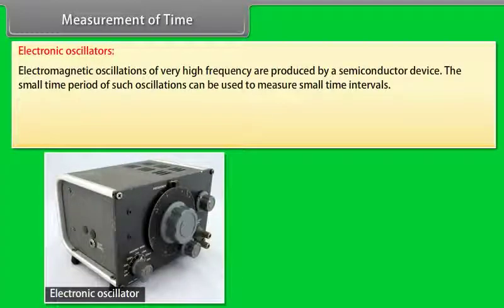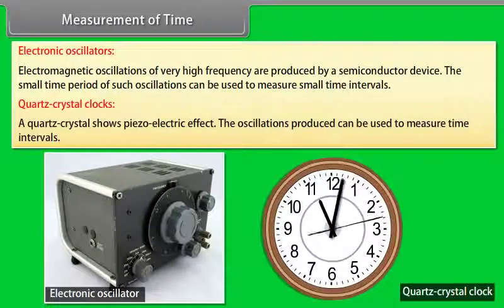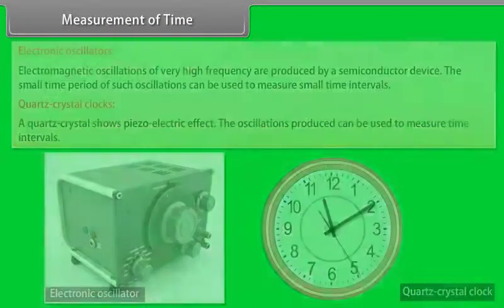Electronic oscillators: electromagnetic oscillations of very high frequency are produced by a semiconductor device. The small time period of such oscillations can be used to measure small time intervals. Quartz crystal clocks: a quartz crystal shows the piezoelectric effect. The oscillations produced can be used to measure time intervals.